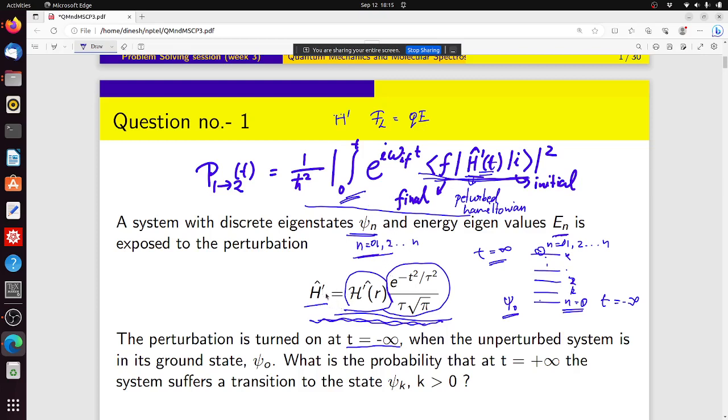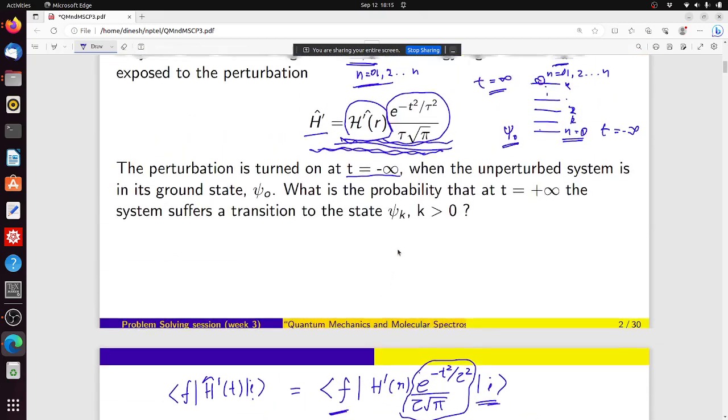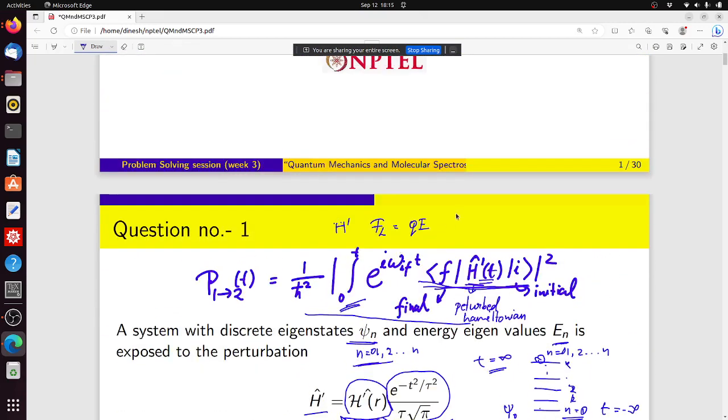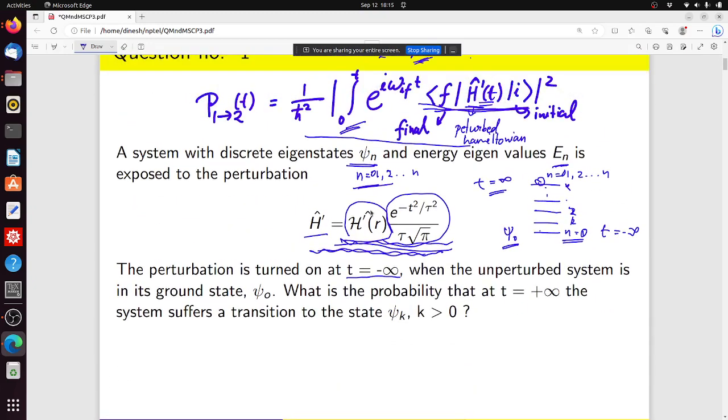For this case, our perturbed Hamiltonian is of this form. That was a specific case when molecules are in an electromagnetic field, and in this question our system is in this kind of potential which depends on time like this and space like this.